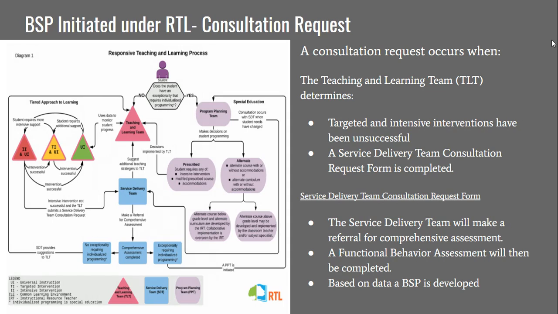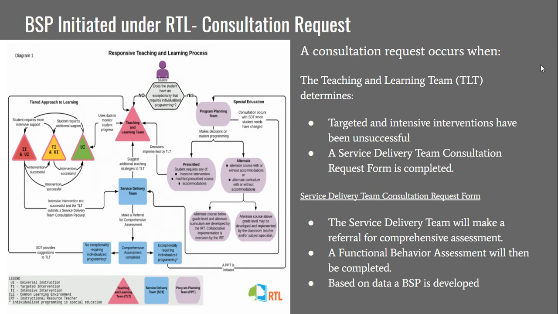A flowchart is a graphic representation of the RTL model. We will focus on the steps that lead to the creation of a behavioral support plan. When students have a diagnosed exceptionality, an IEP will often require the development of a behavior support plan.